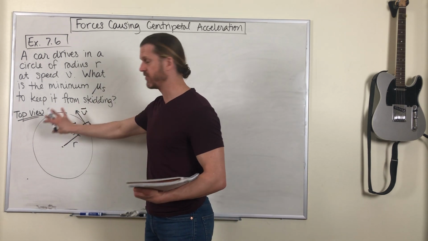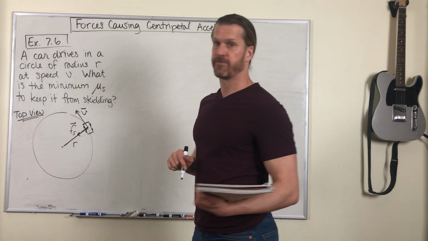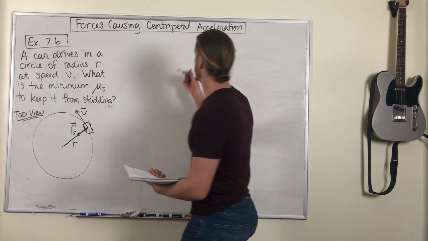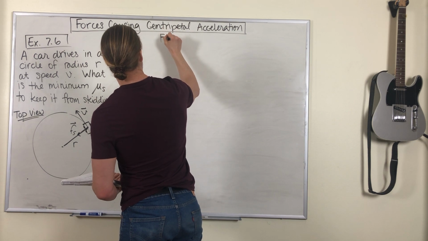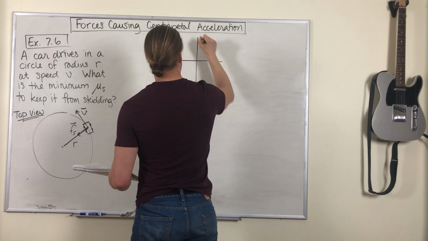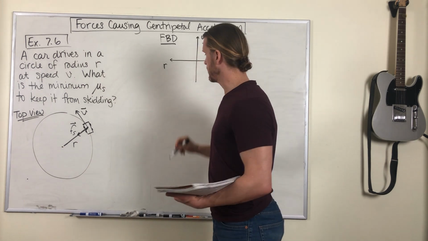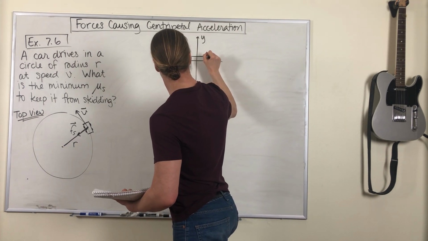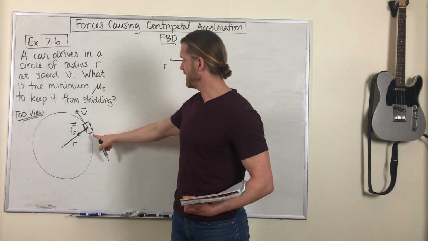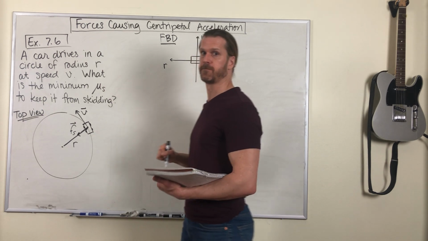So this is our top view of the car driving around a circular path. When I draw a free body diagram, I'm going to look at a different perspective. Okay, my free body diagram is oriented from behind the car as though you were standing on the ground behind the car watching it.